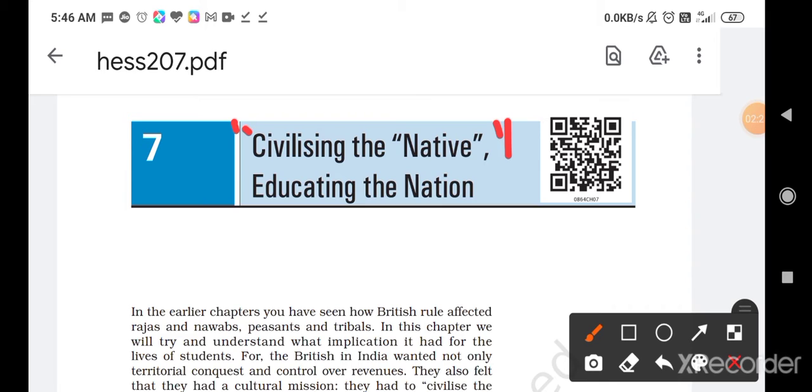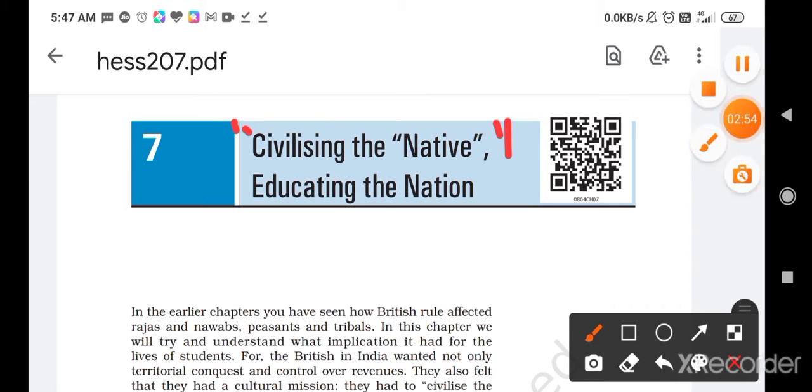We are going to study how the Britishers brought education to India, how they promoted it, what education they were giving, and whether that was good or bad for people. We will also study the English education which came to India, and the arguments for and against it.